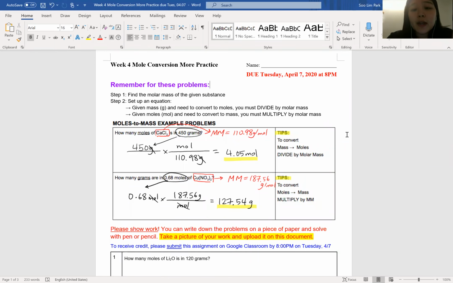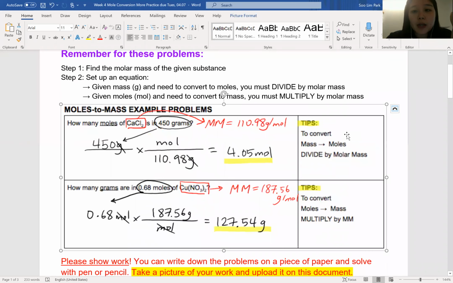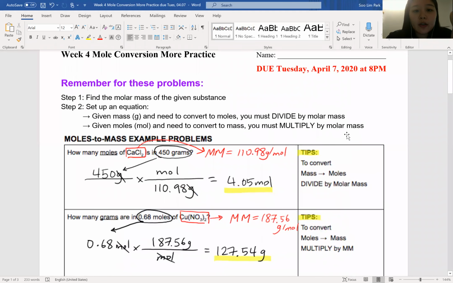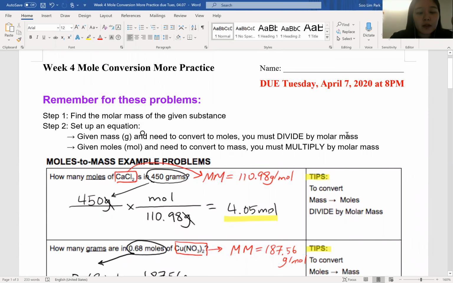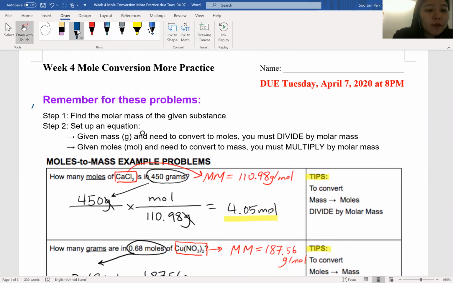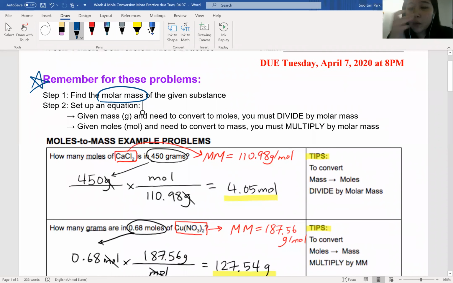All right, so before we actually get into the practice problems, I want to just go over the steps, or the rules, to solve these problems. Remember, step 1 is always to find the molar mass of the given substance. For step 2, when you set up the equation, you have to see what you're given and what you are trying to convert it to.